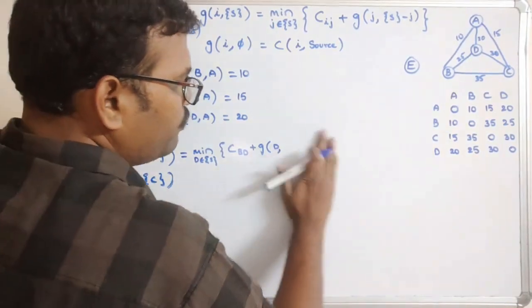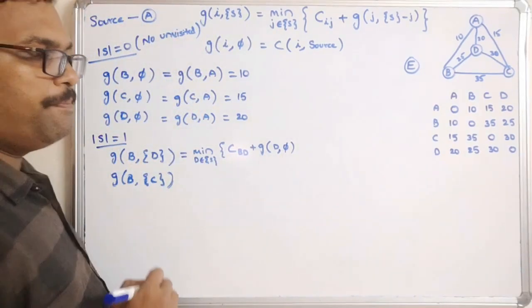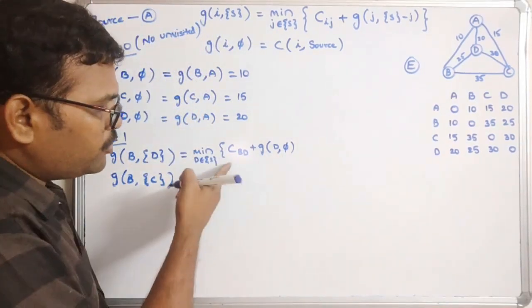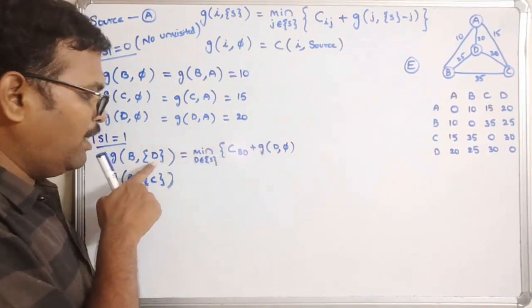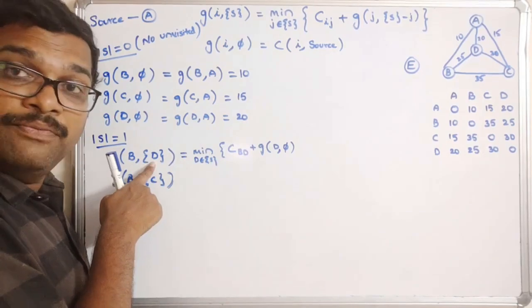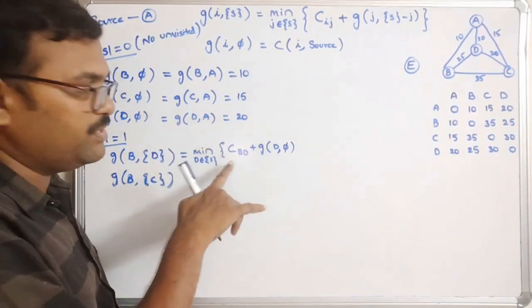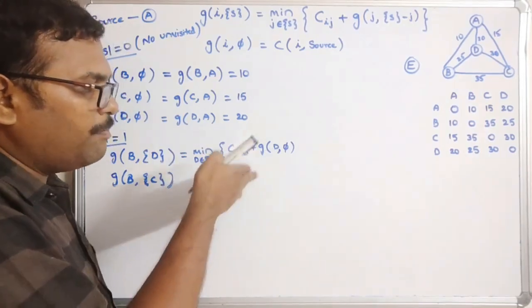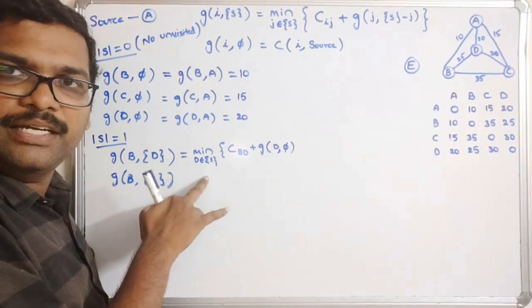So empty means we can simply write it here, phi. Okay, so there is no other edge, only one edge is here. So only one unvisited vertex. So we are just getting the cost of that particular unvisited vertex. So if there are multiple, obviously we have to select the minimum edge.